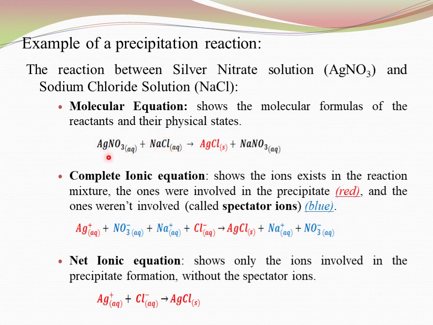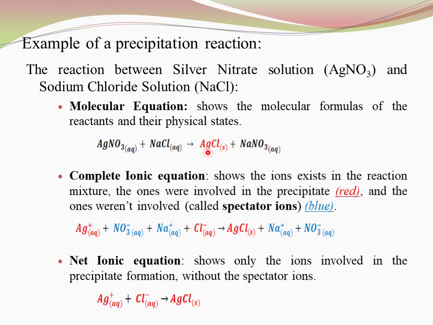So this is a reaction between two ionic compounds in aqueous solution. Double replacement: Ag with chloride, and sodium with nitrate. So the products are AgCl and sodium nitrate, NaNO3. AgCl is an insoluble substance.